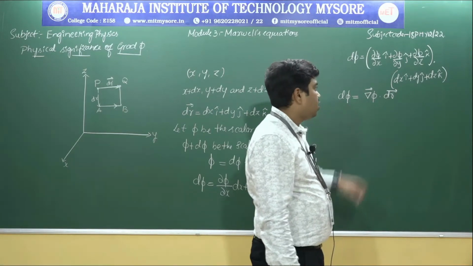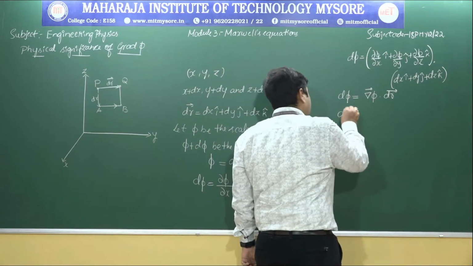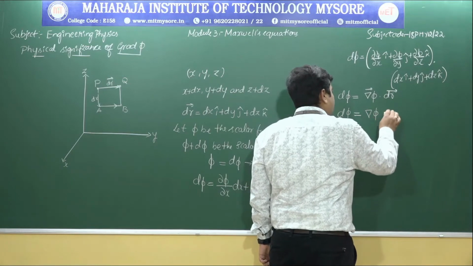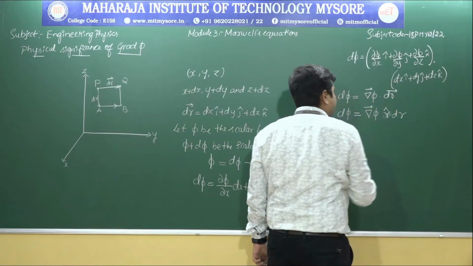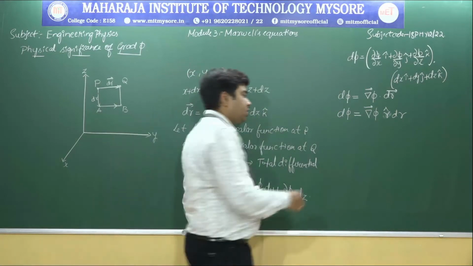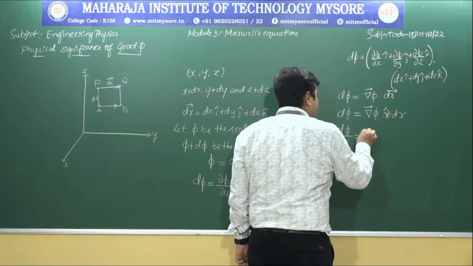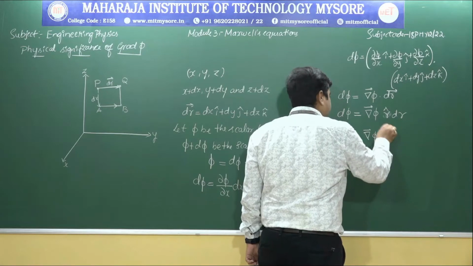So, d phi is equal to del phi dot vector dr, or else this can also be written as d phi is equal to del phi dot r cap into dr, or this can be written as d phi by dr is equal to del phi dot r cap.